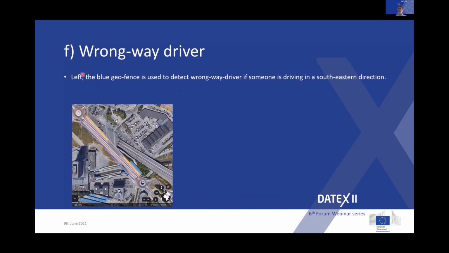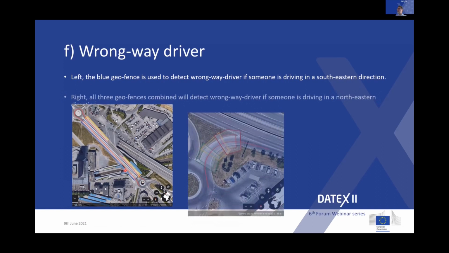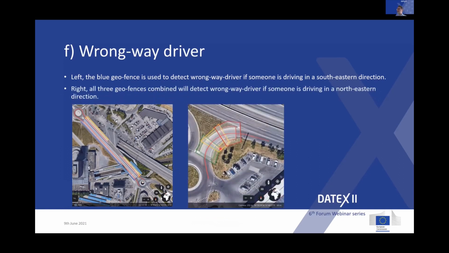As you can see here on the left, the blue geofence is the area where we detected whether the driving was the wrong way. We also made another sample where we used some wider geofence rectangles, and these combined, when you drive in this direction, also triggered the wrong way driving detection.